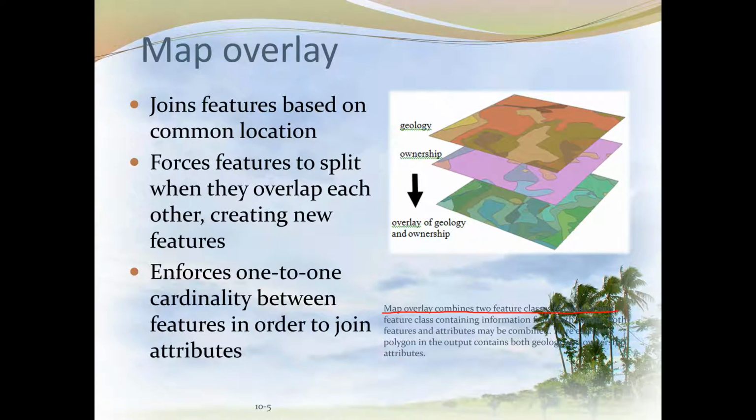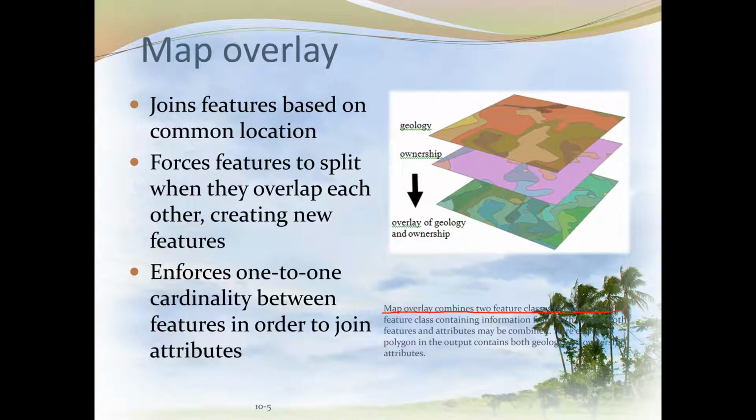Because this material is from Mary Beth, the book, and she's a professor in geology, they talk about mineral hunting. Overlay functions fall into two categories: those that do not combine attributes and those that do.